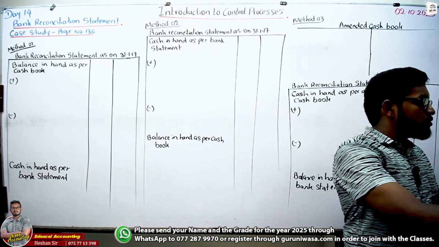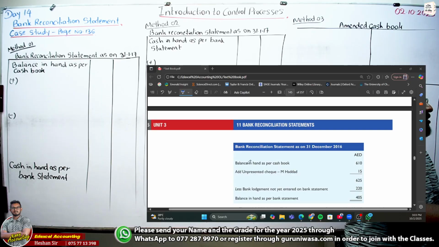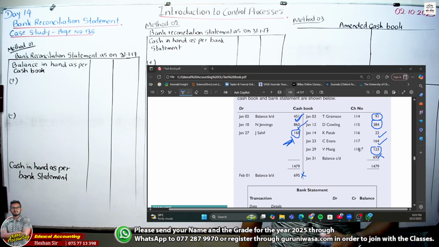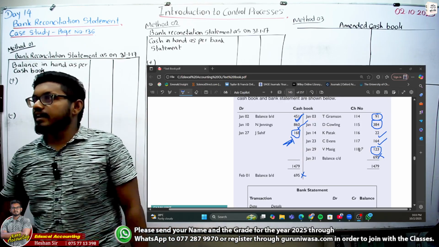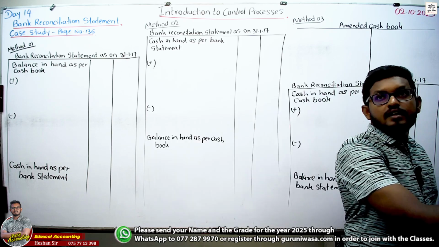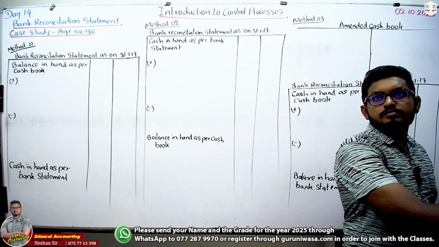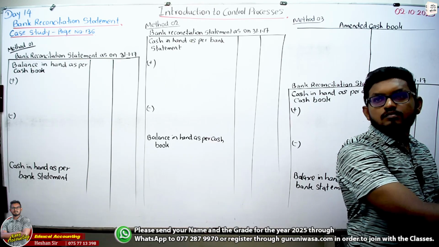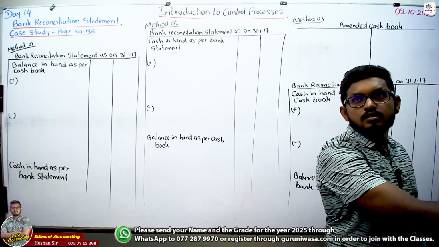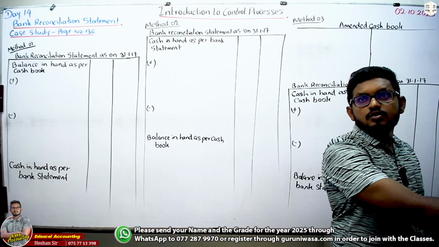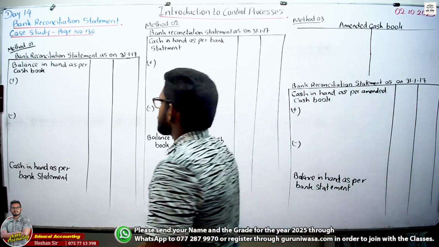Now what I'm going to do, just remember, right? Initially, let's see, cash book closing balance how much in here? 695, right? Yeah, 695. The cash book closing balance, you can see 695.